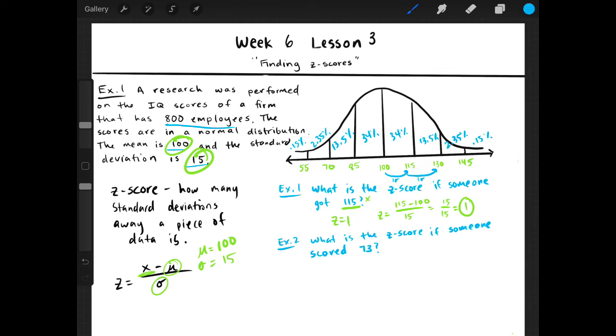So notice, if we look at our numbers here, 73 is going to be over here, somewhere in between 70 and 85. First thing to note, it's to the left of 100, our mean, so it should be negative. I'm going to put "should be negative."